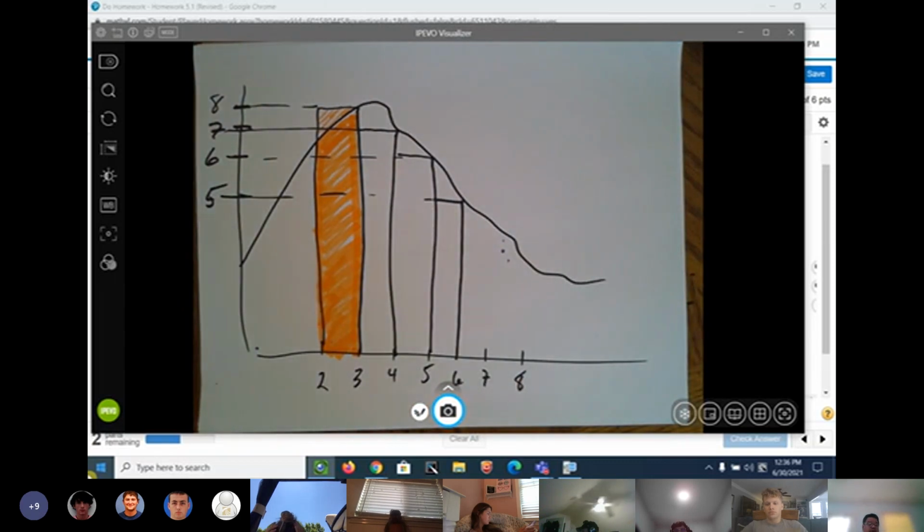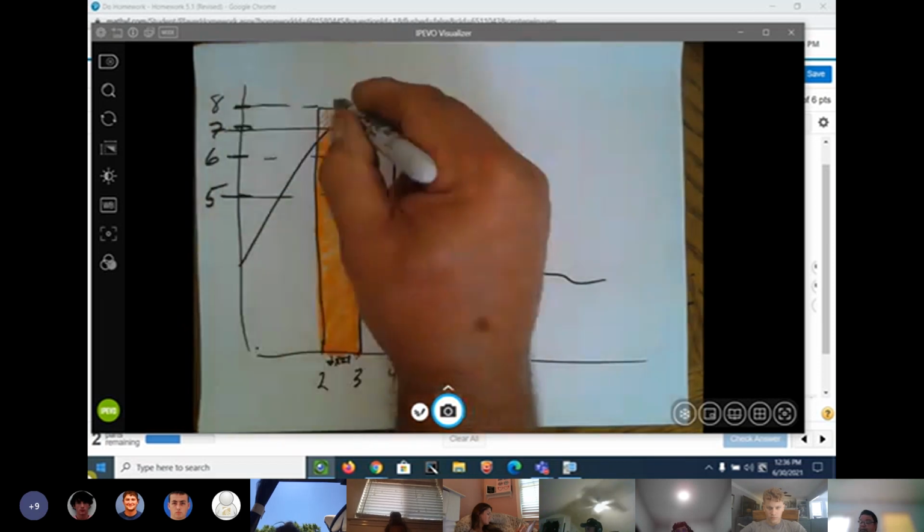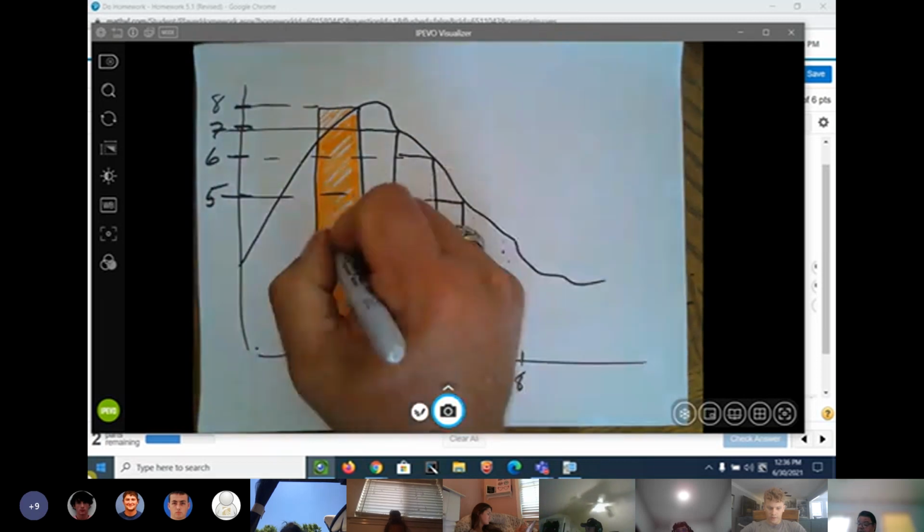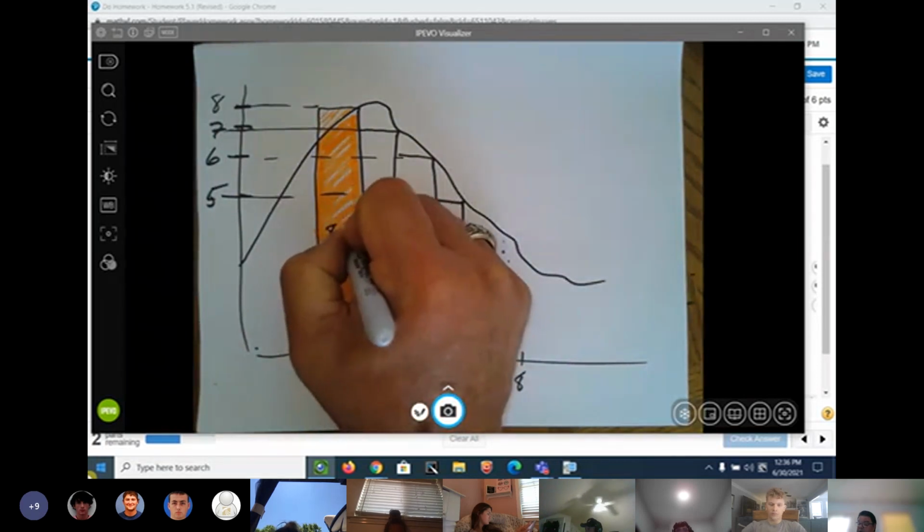Okay, so what is the area of that orange rectangle? Well, this base right here is delta x equal to 1. So the base is 1, and the height is 8. So 8 square units.